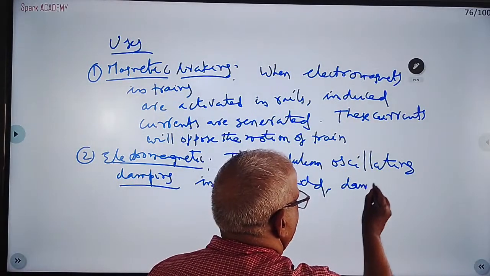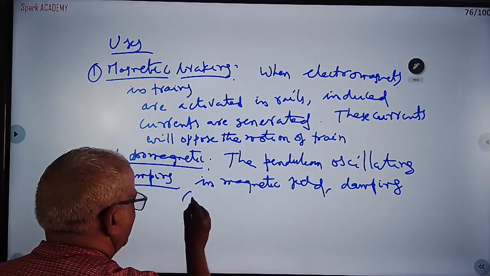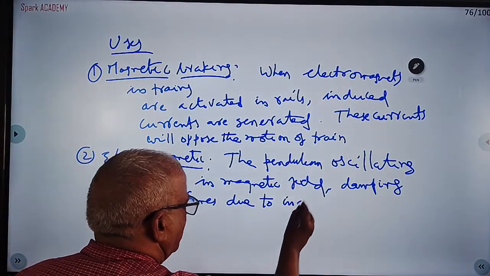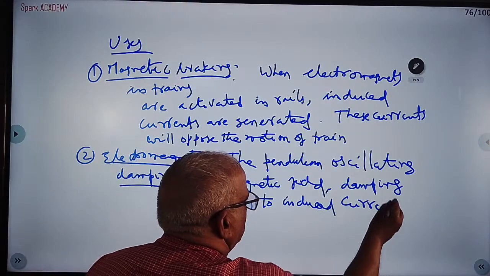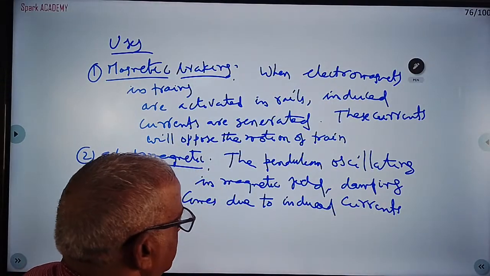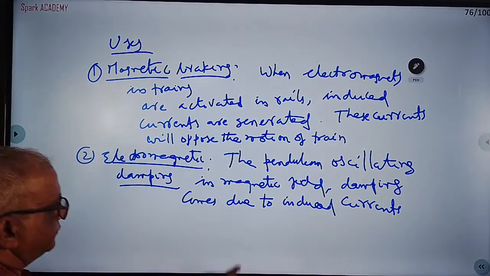Damping means the amplitude decreases due to induced currents, also in galvanometers. The pendulum oscillates in a magnetic field, and damping comes due to induced currents. That is called electromagnetic damping.